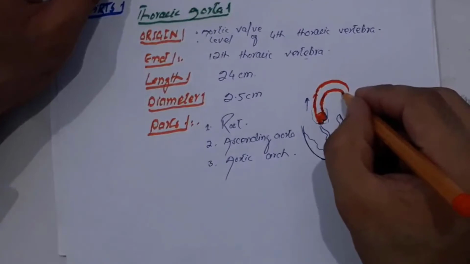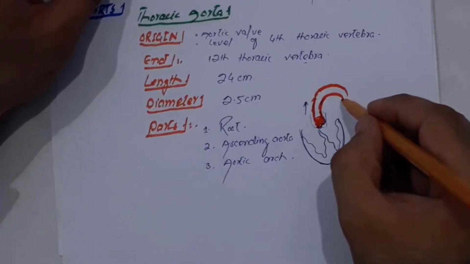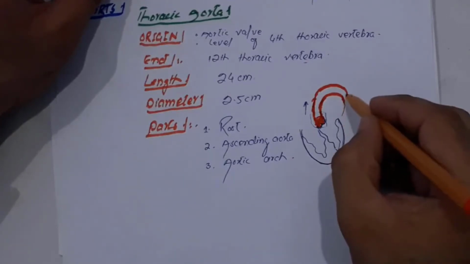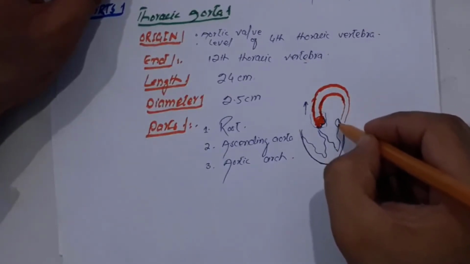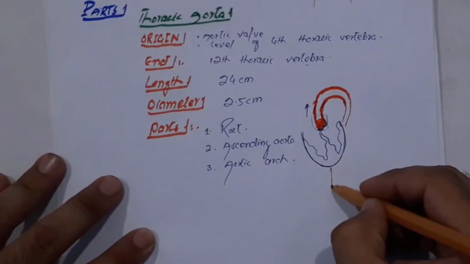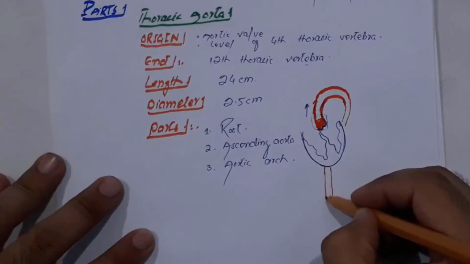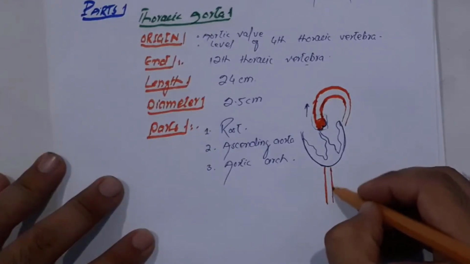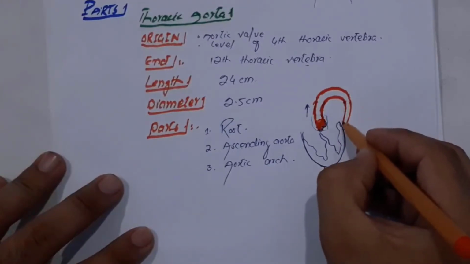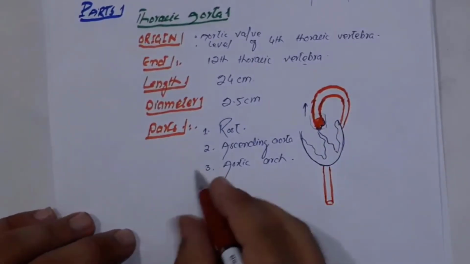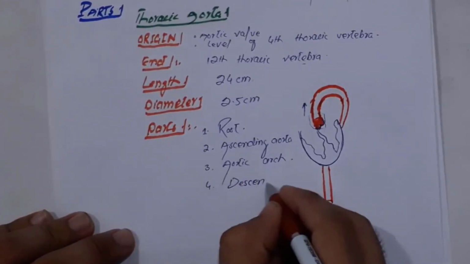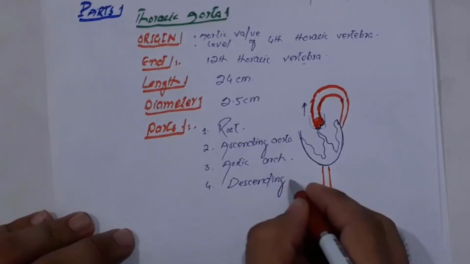And then at the end of the arch of aorta, the aorta descends down. It goes down at the back of the heart, and it comes down up to the diaphragm. So this aorta is called the descending aorta. So the fourth part is the descending aorta.